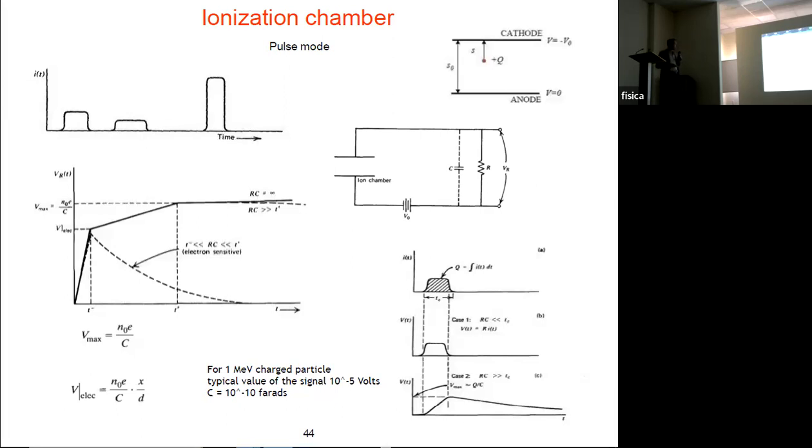In order to fully characterize the particle, you have to collect all the charges. You have to collect electrons, you have to collect ions, sum the current, and you will get the maximum, the amplitude of the signal, which is proportional to the initial energy of the particle.